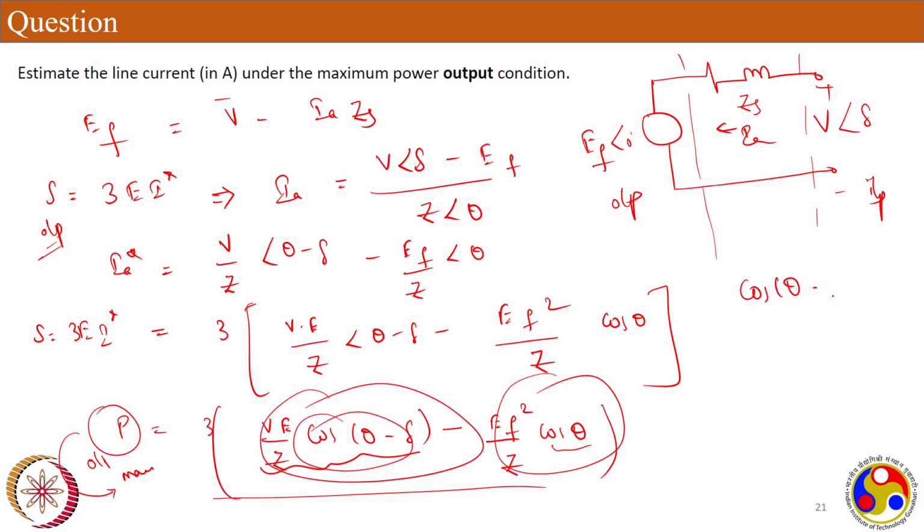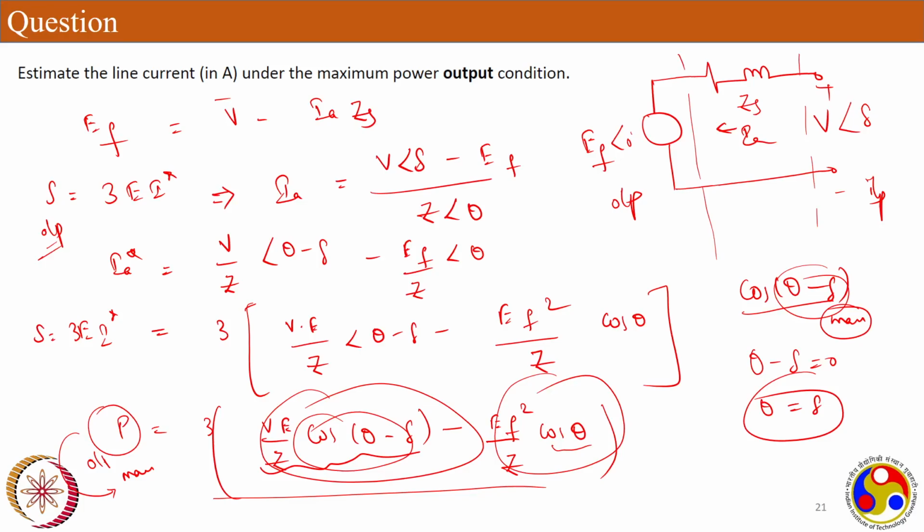Cos of theta minus delta should be maximum. What is the maximum value of cos? That is 1, and 1 would happen when theta minus delta is equal to 0 degrees. So theta is equal to delta. If you can manage your power factor angle the same as the load angle, then I can guarantee that the output power of this motor would be in its maximum state.